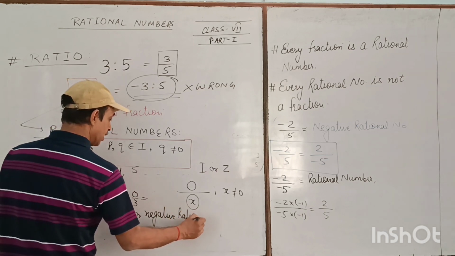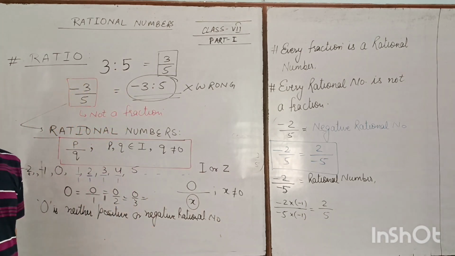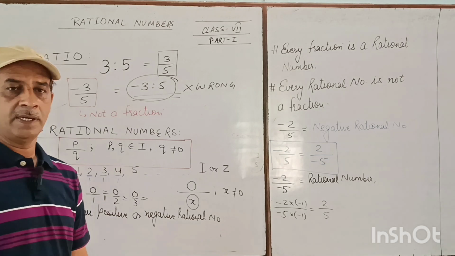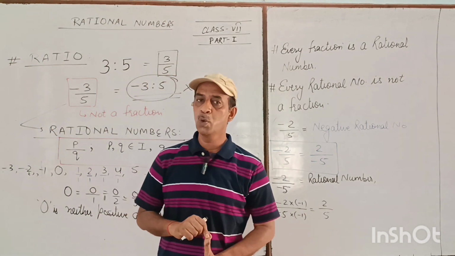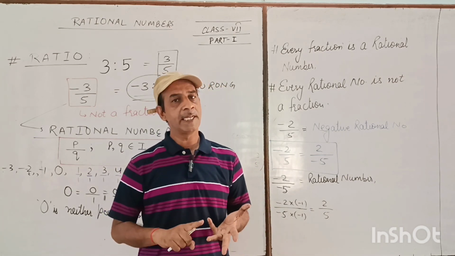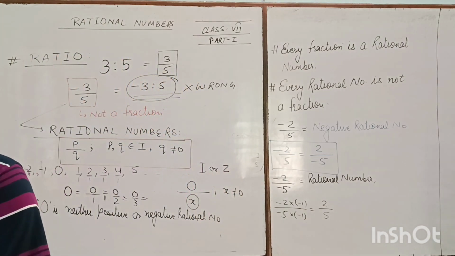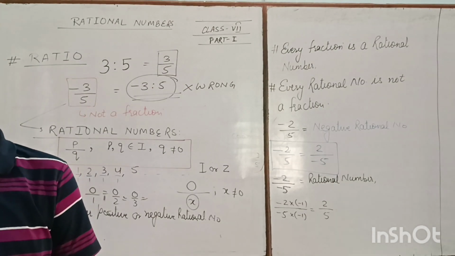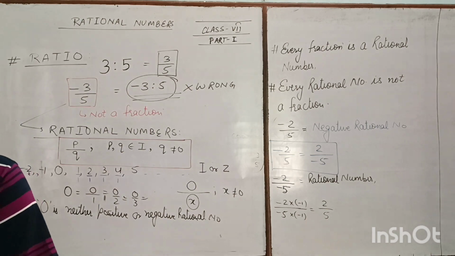This is the only rational number which is neither negative nor positive. Keep this in your mind. That means rational numbers include all natural numbers, whole numbers, integers, as well as all types of fractions. Fine?